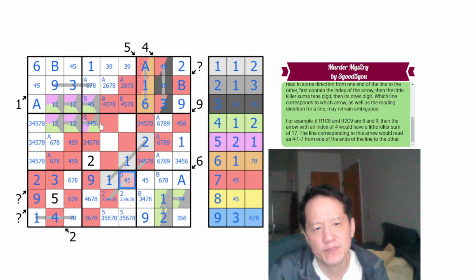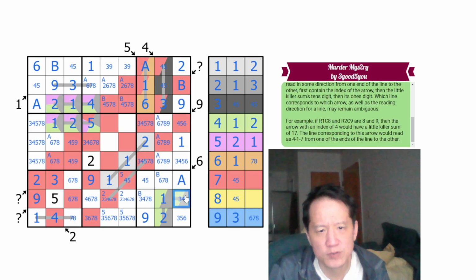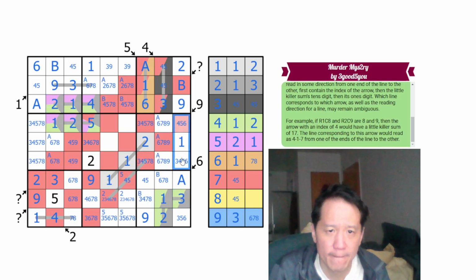Well, okay, so say this was a 5, right? So then this would be 2, 1. This would be 4, 1, 2. This would have to be 3. Which means one of these two would be a 3.